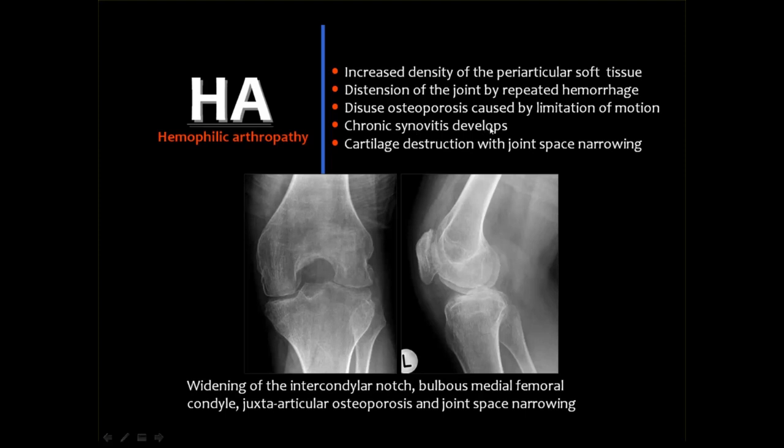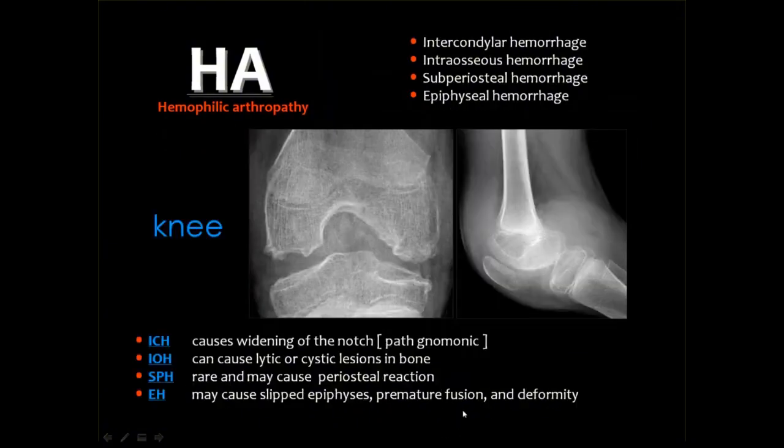Chronic synovitis will develop, leading to destruction of the articular cartilage and consequently narrowing of the joint space. Widening of the intercondylar notch in the knee is considered one of the pathognomonic signs of hemophilia. This widening is due to the presence of intercondylar hemorrhage.